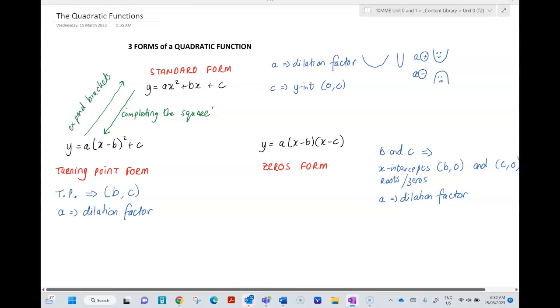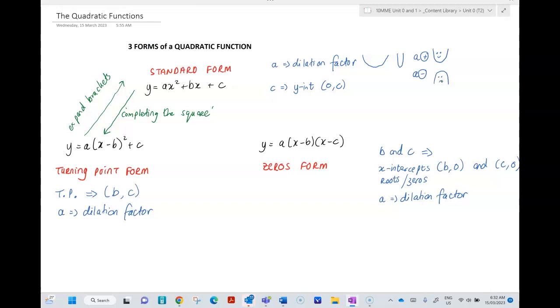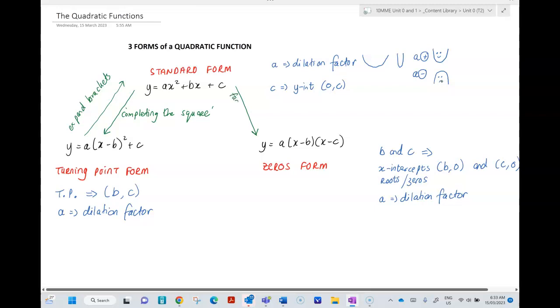All right, and if we go from standard form to zeros form, I'm sure you can see what we need to do here: we factorize that quadratic into the two brackets.